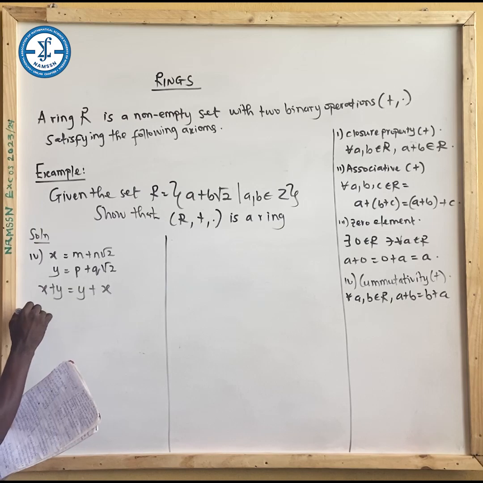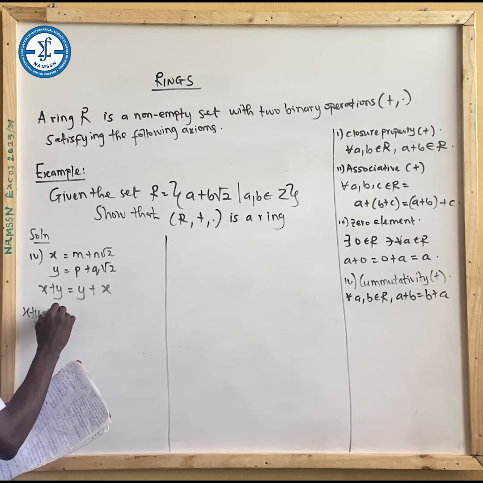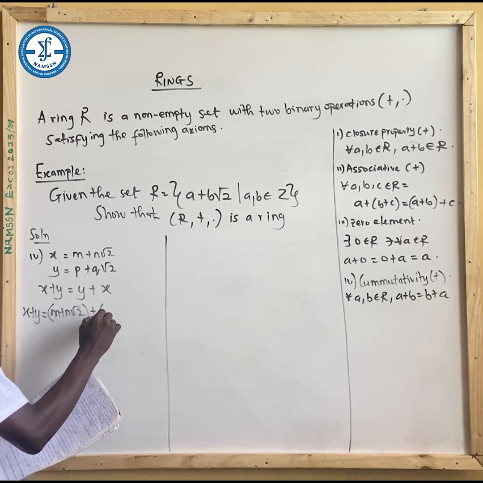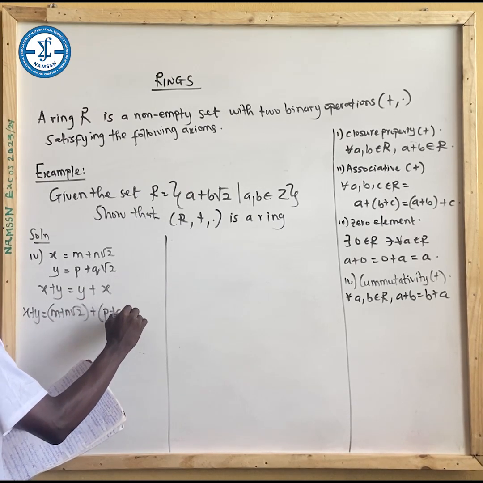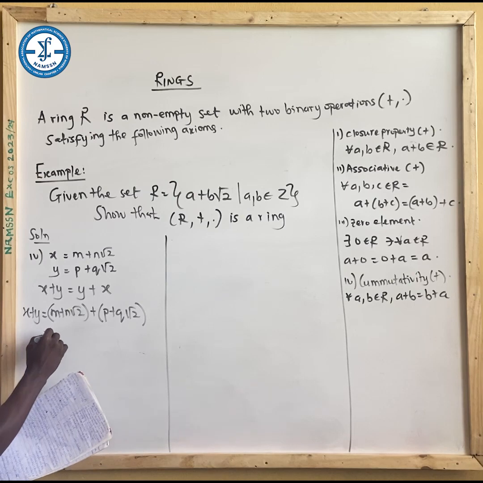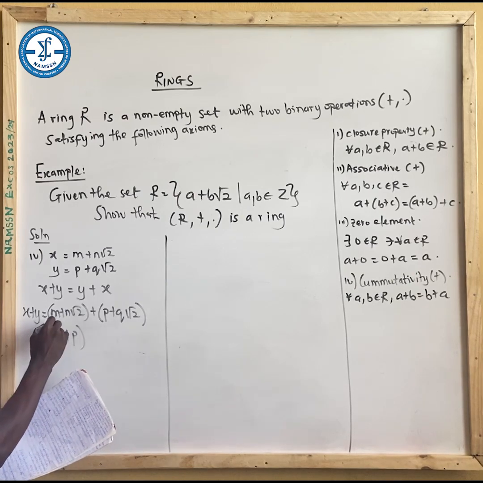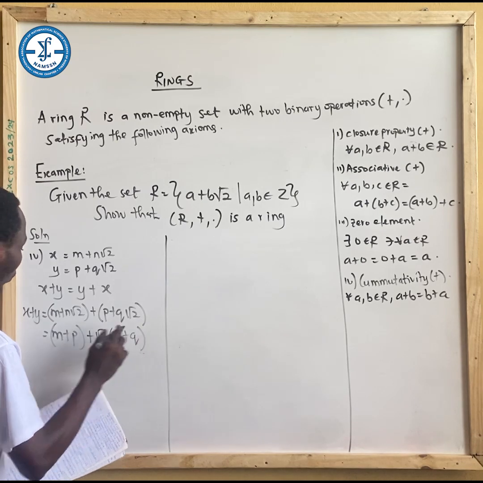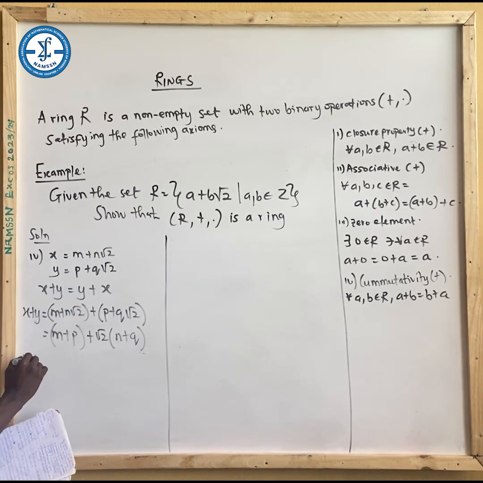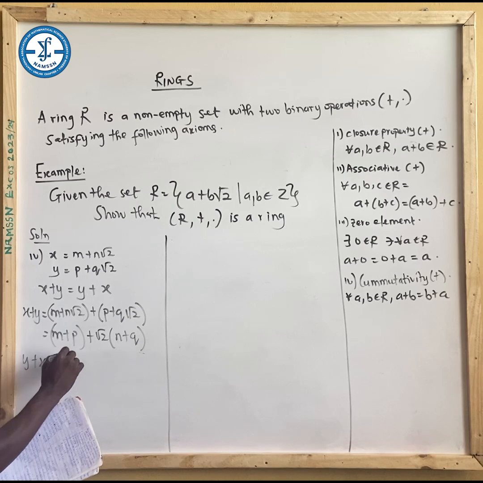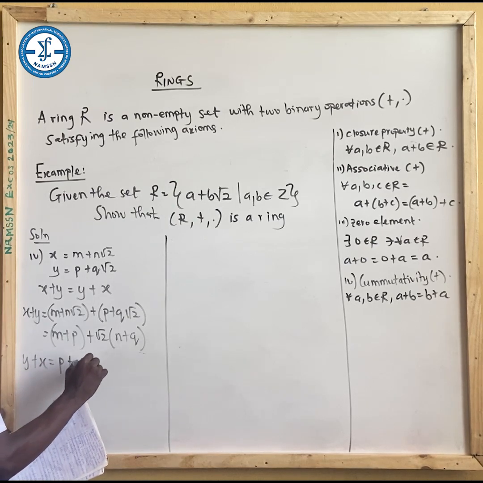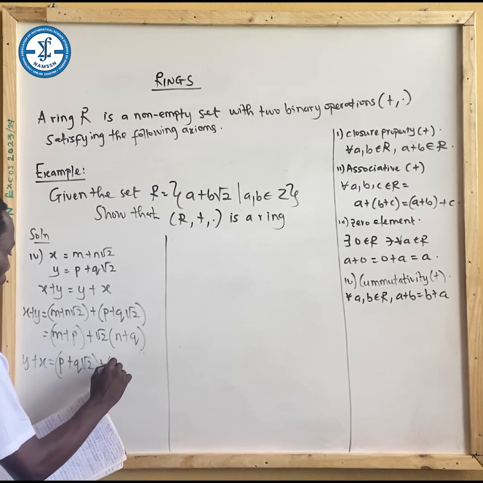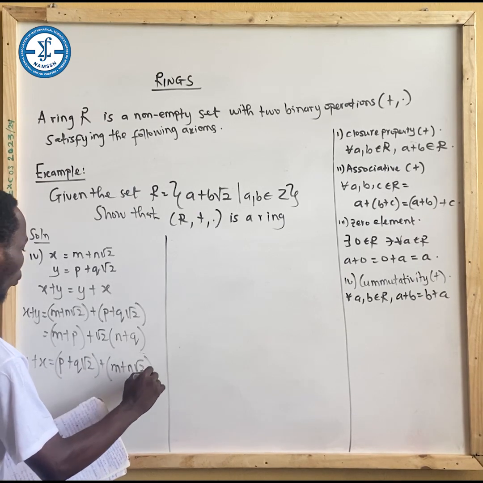So x plus y equals m plus n root 2 plus y, which is p plus q root 2. And this will be m plus p plus root 2 times n plus q. This is x plus y. Now y plus x will be p plus q root 2 plus x, which is m plus n root 2.